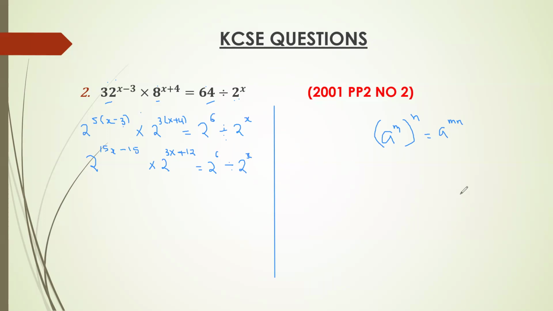Afterwards, remember, times, you have same base but different powers. What do you do? You add them. m plus n. But coming in division, we do the same thing, you subtract them. a power m minus n.